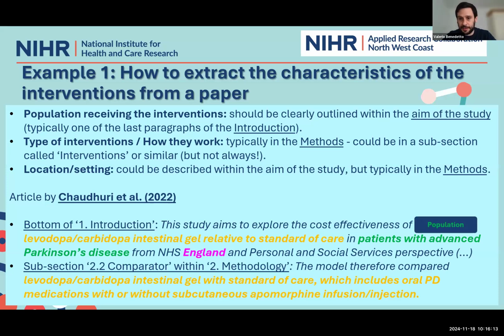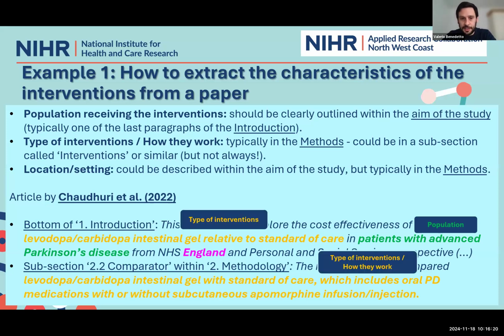Highlighted in green, you have information about the population, so patients with advanced Parkinson's disease. In yellow, you have information about the type of interventions and how they work. You can see we found this information at the bottom of the introduction, but also as part of the methodological section, let's say. And also the location, which is highlighted here in pink.